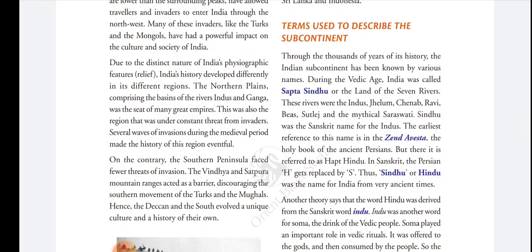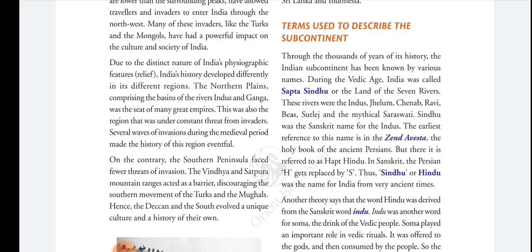Saptasindhu means land of seven rivers. In the northern part of India, seven rivers flowed. What were these rivers? The Indus, Jhelum, Chenab, Ravi, Beas, Satluj and Saraswati. These were the seven rivers that flowed in India.